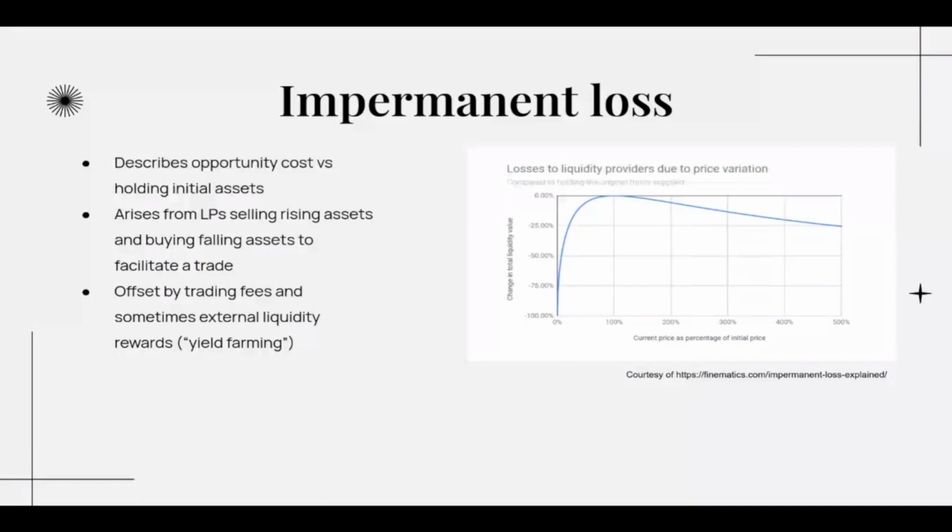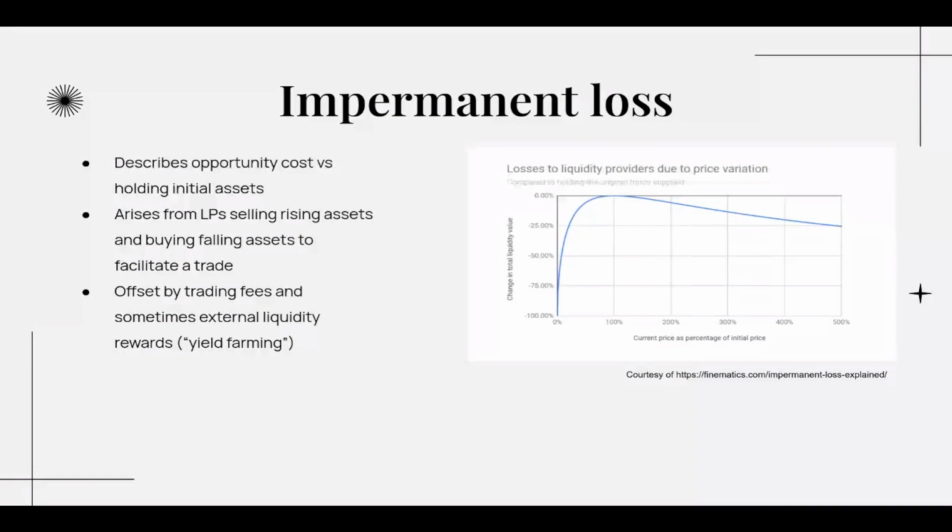And this is offset, like I just talked about, by trading fees. And so there basically needs to be enough volume within a certain price range over a long enough period of time to be profitable versus just holding. But that's not to say you'll lose overall value.